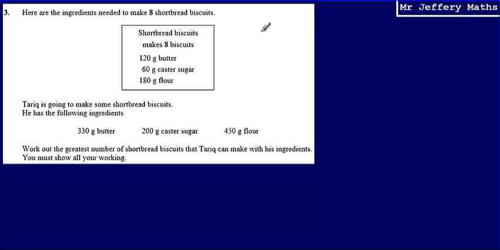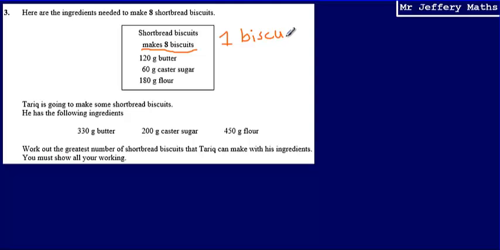Now the first thing that I'm going to do to make this a little easier is change the quantities of the ingredients so that instead of it being enough to make 8 biscuits, I'm going to work out how much we would need for 1 biscuit.